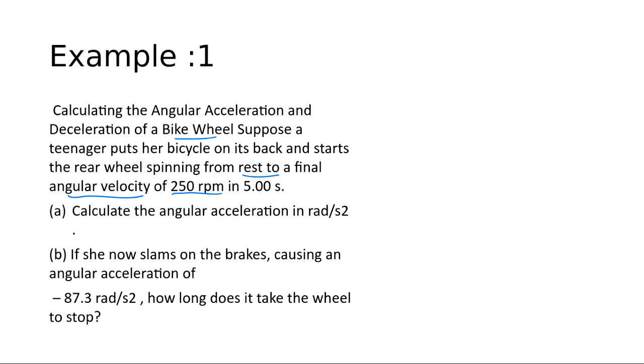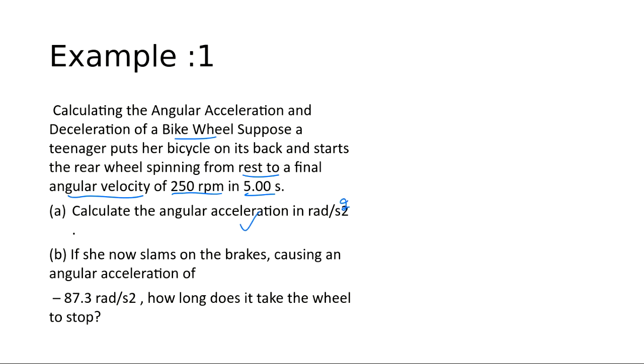It's just like saying kilometers per hour, but for angular velocities we use revolutions per minute or radians per second. Our objective is to convert revs per minute into radians per second, because that is the SI unit of angular velocity. Then find the angular acceleration in radians per second squared.